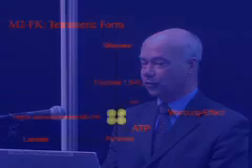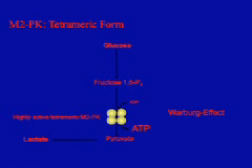If you look at the tetrameric form of M2-PK, the normal pathway there is that glucose is converted through to pyruvate, and that then goes on to lactate with the production of energy from ATP. And the tetrameric form is highly active for its substrate of phosphoenol pyruvate.